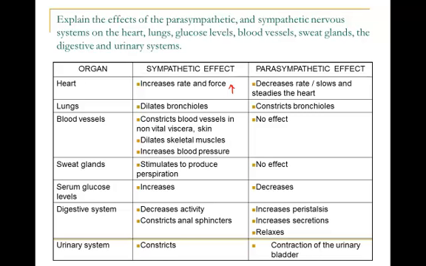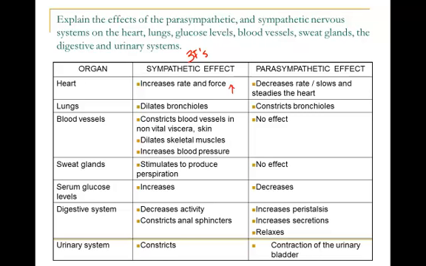Your blood vessels in the sympathetic side, under the 3 F's, are going to shift blood away from things that are not vital. Okay, so it's going to take it away from your skin and your organs that you don't need to worry about right now, like your bowels, your ovaries, that kind of thing. It dilates blood to your skeletal muscles so that if you have to run, you're going to have the energy to make you run. And it also puts your blood pressure up.